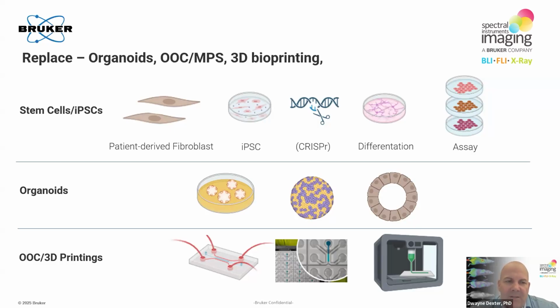And both the iPSC stem cell and organoid approach can then also be deployed in the organ on a chip 3D bioprinting space. These methodologies now start to build on this notion that we need complexity in our system to really truly understand how our biology is behaving, how our molecules perform in a complex system.